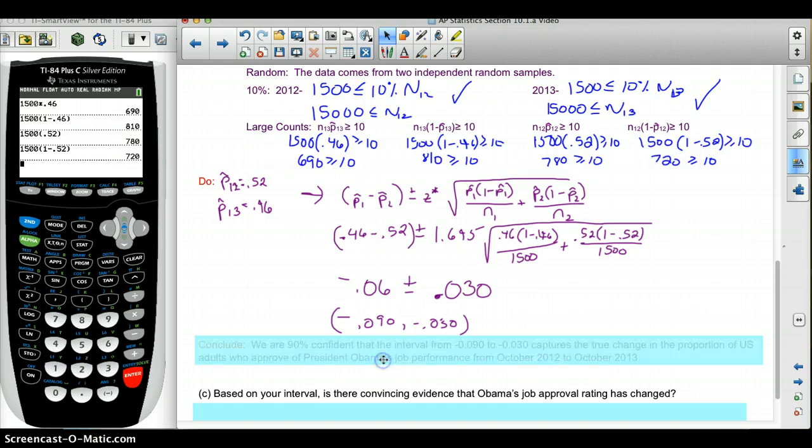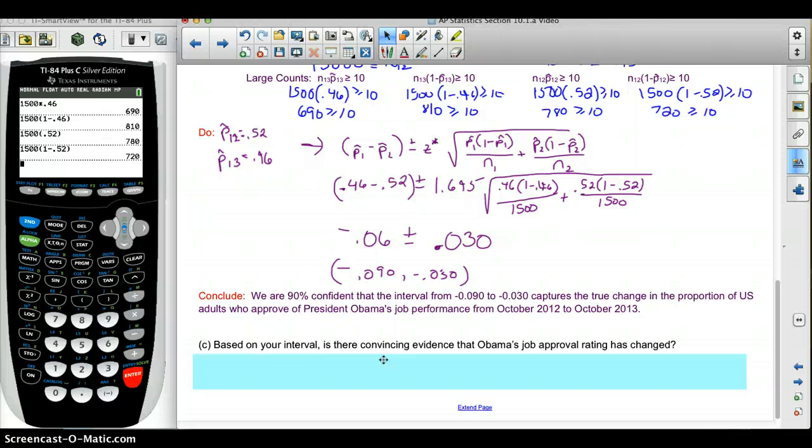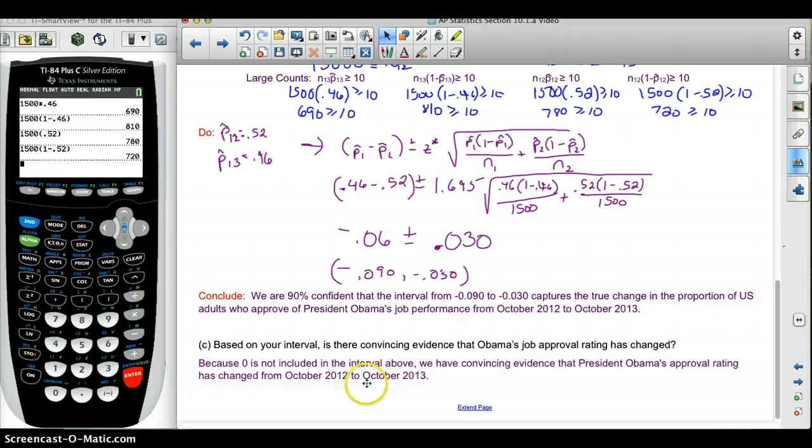Remember, we are 90% confident that the interval from negative 0.09 to negative 0.030 captures the true change in the proportion of U.S. adults who approve of President Obama's job performance from October 2012 to October 2013. Okay, so based on your interval, is there convincing evidence that Obama's job approval rating has changed? Because 0 is not included in the interval above, we have convincing evidence that President Obama's approval rating has changed from 2012 to 2013 in the months of October.